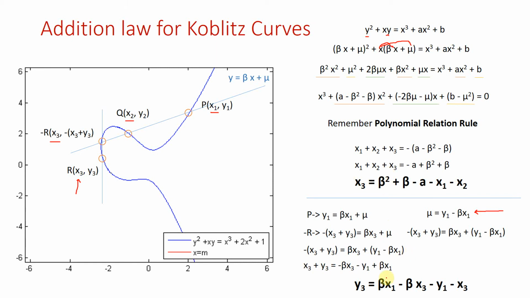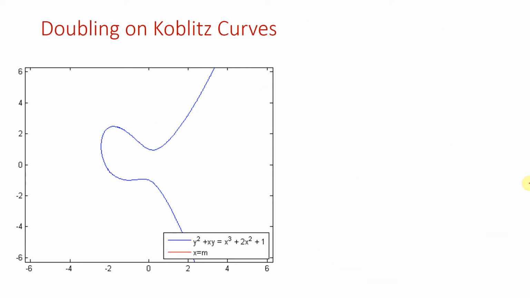And y3's final value is equal to beta times x1. X1 is already known. Minus beta times x3. X3 is already known too. It's calculated in the previous step. Minus y1, it's actually known, the y coordinate of p, because minus x3. Here, what's the value of beta? It's the only unknown value for this case.